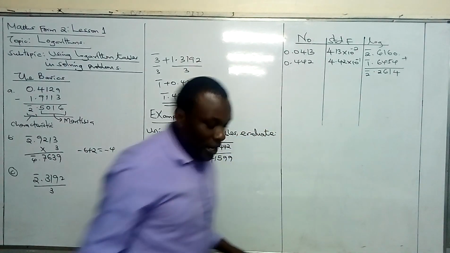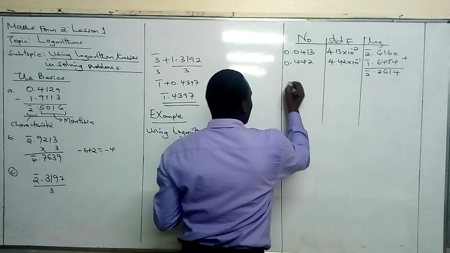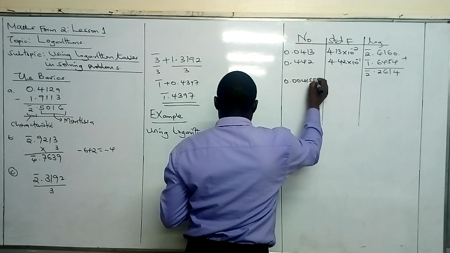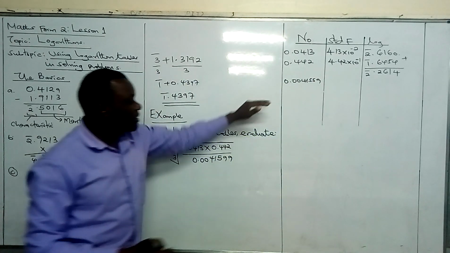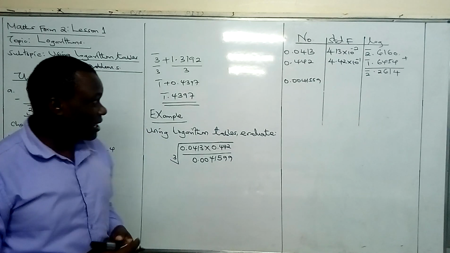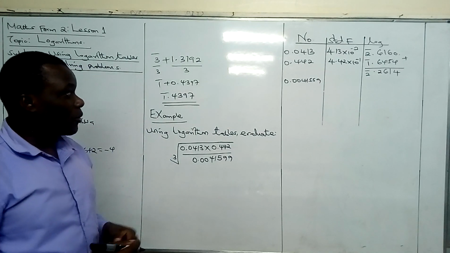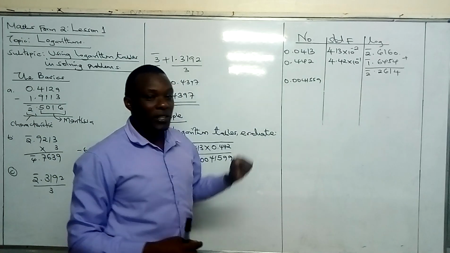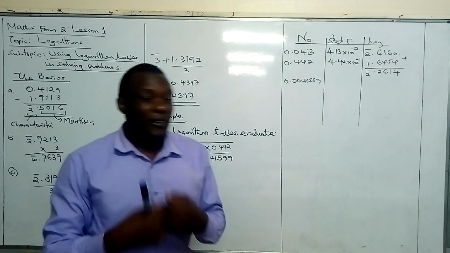So in the numerator we have a number which is 0.0041559. If you look at this number, it has 5 significant figures, and we use 4 figures. So we must round off this number to the nearest 4 significant figures.